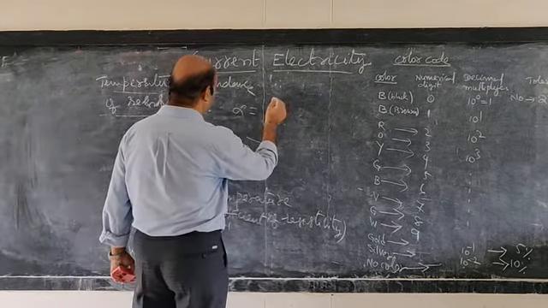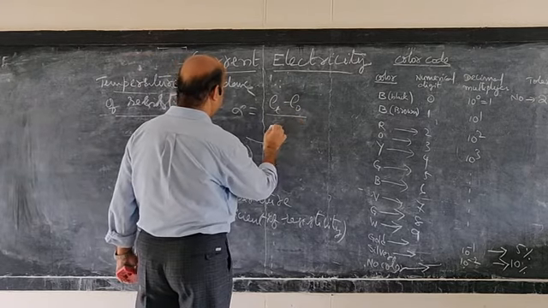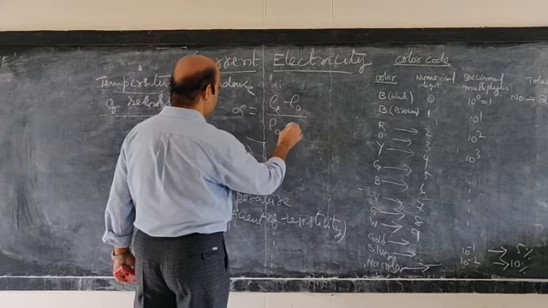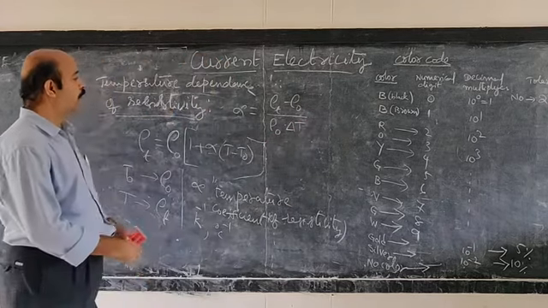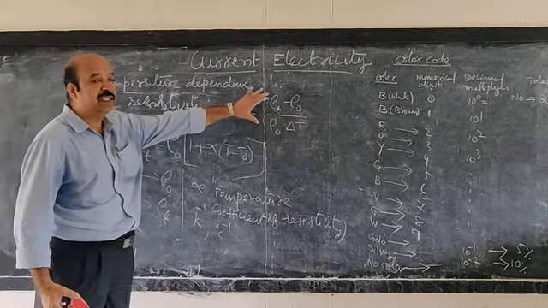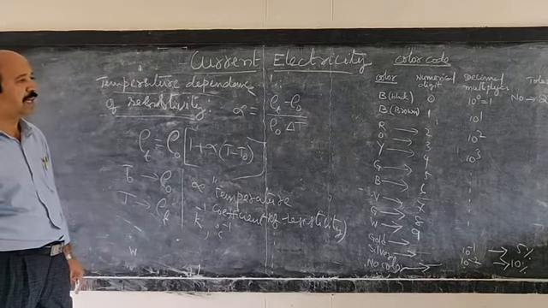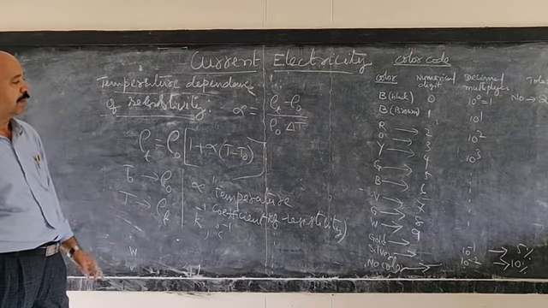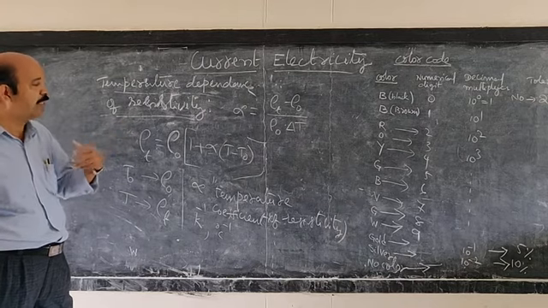So alpha equals rho T minus rho naught by rho naught into delta T. So it is the fractional change in resistivity for unit rise in temperature.